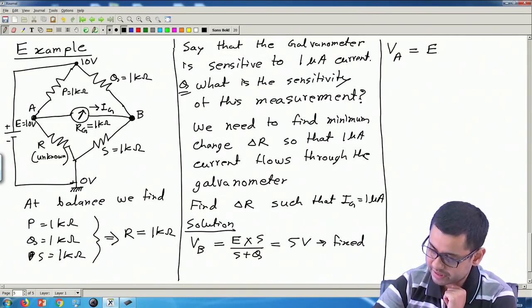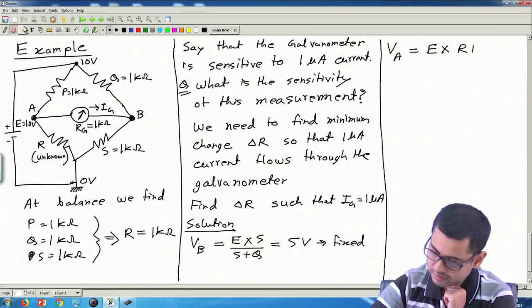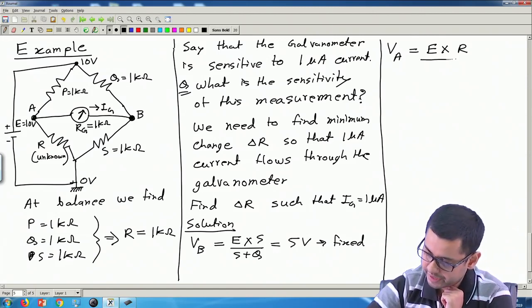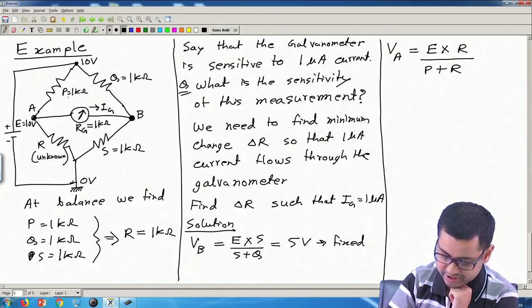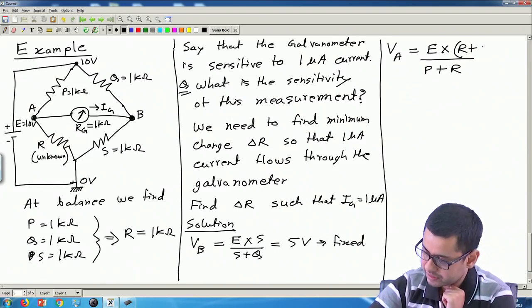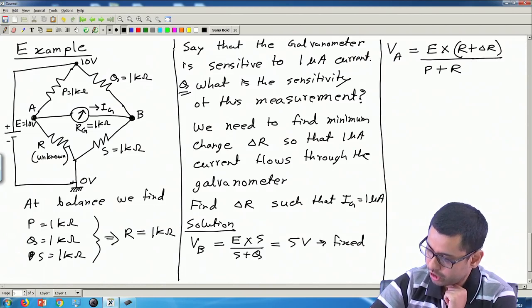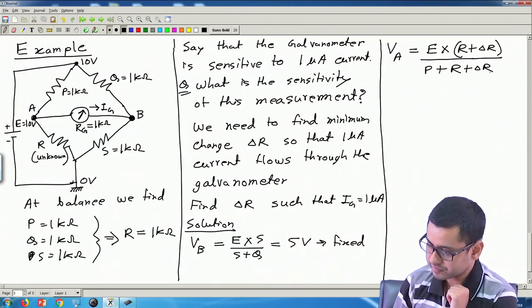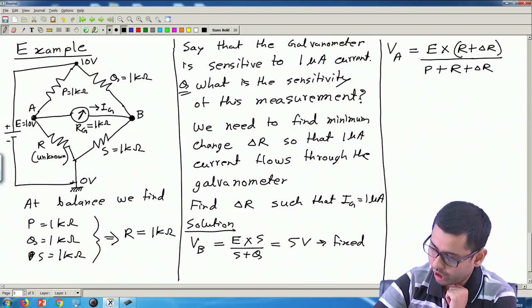So VA we can write as E, once again by the potential divider rule, multiplied by R divided by P plus R. Now if R becomes R plus delta R, R is changed by a small amount, so let us write R plus delta R here, and also here. So this will be the value of VA.